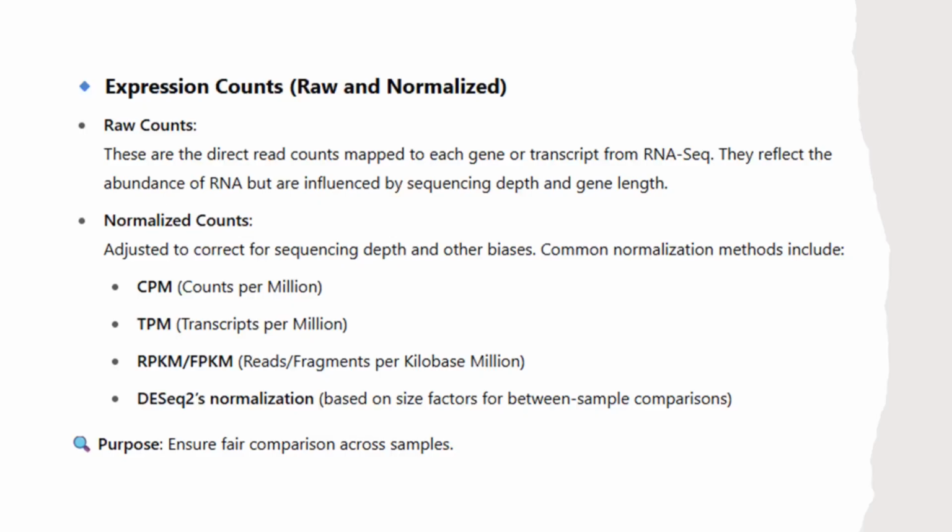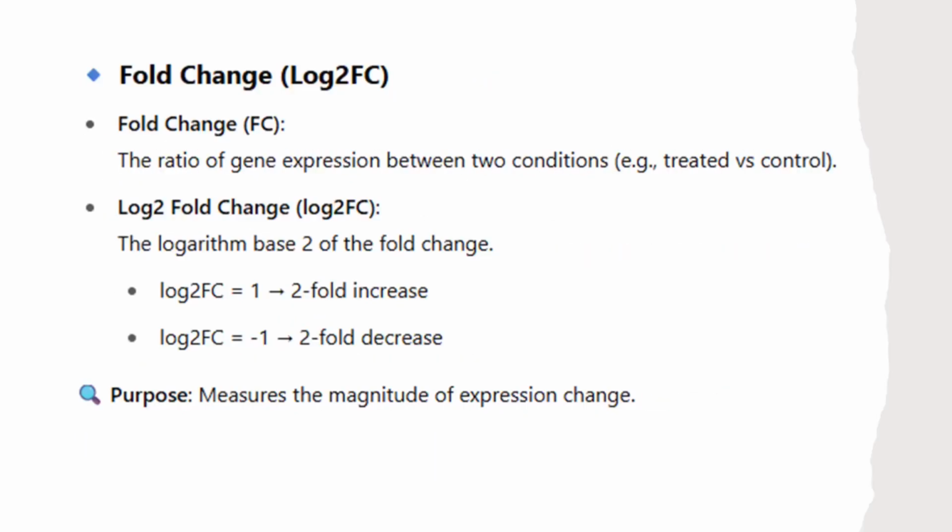The goal of normalization is to enable a fair comparison across different samples or conditions. The second important thing is the fold change, or log2 FC. Fold change represents the ratio of gene expression between two conditions. We use log2 transformation to make the data more interpretable.